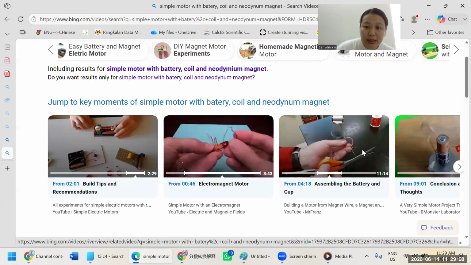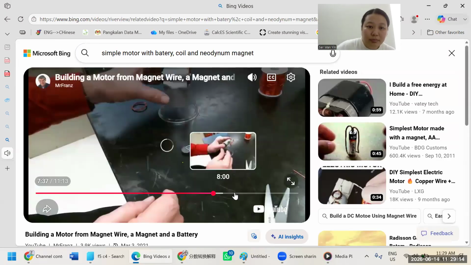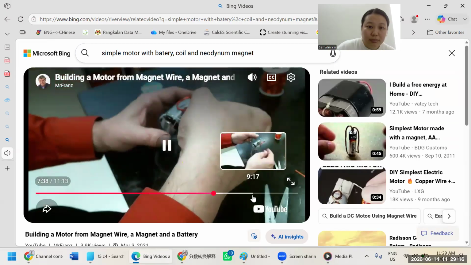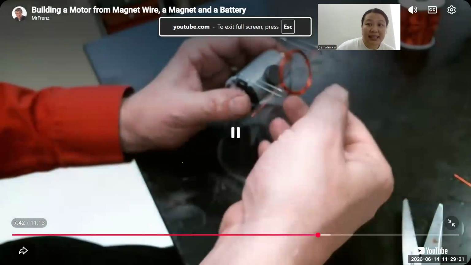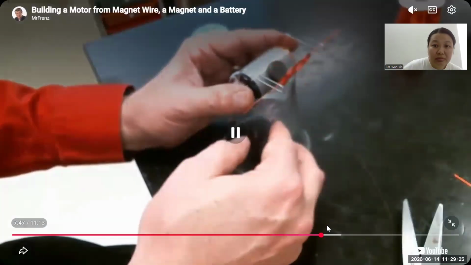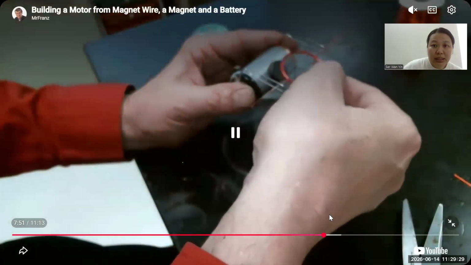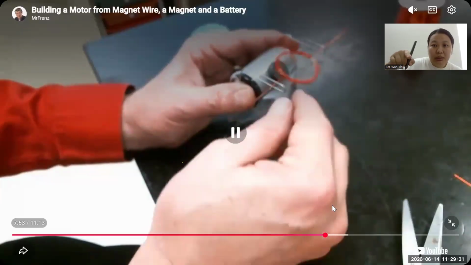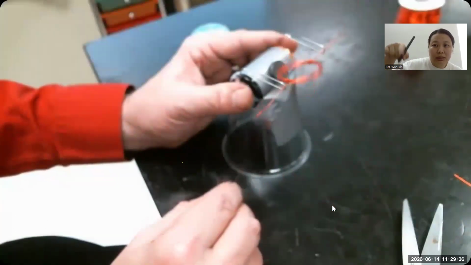Finally it will be like this. Now you can see, got current, it will rotate like that.